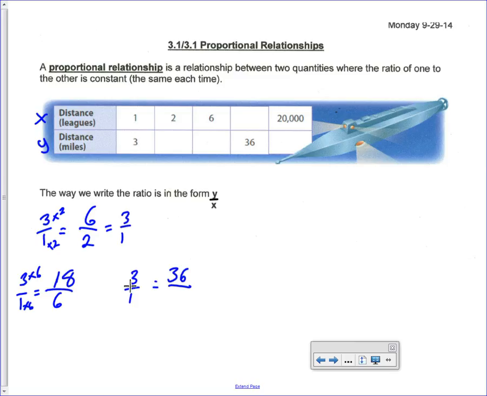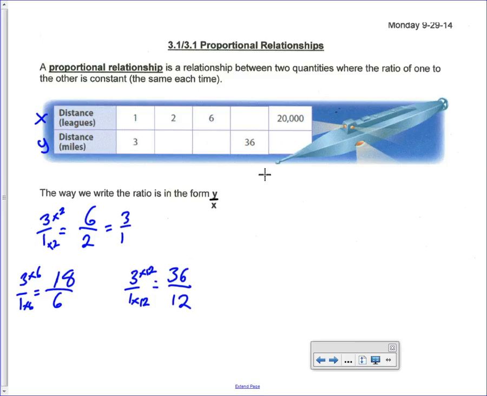So I need to figure out what I multiplied times 3 to get to 36. 36 divided by 3 is 12. So 3 times 12 is 36. So I'm going to multiply the bottom by 12. And 1 times 12 is 12. If you were to reduce that, 12 goes into 12 one time, 12 goes into 36 3 times. It gives you the same 3 over 1 ratio.